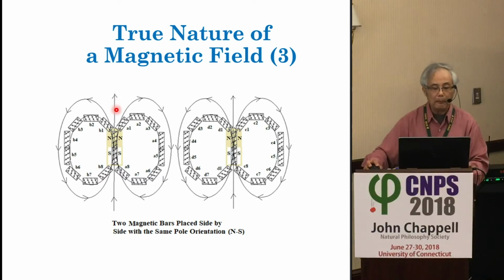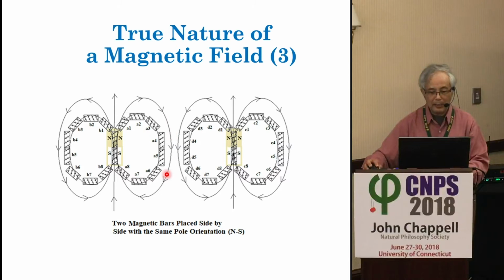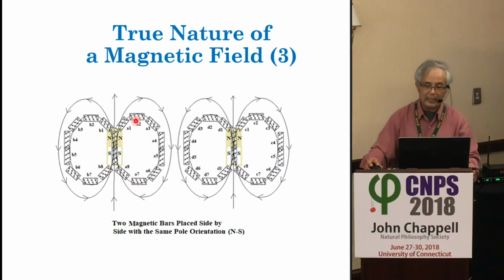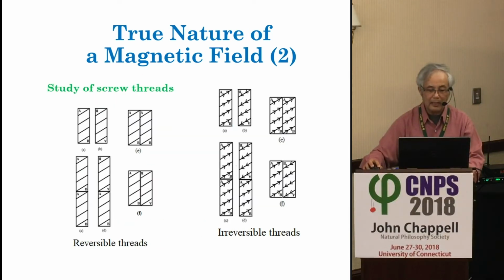Now I'm having a magnet here. Okay, that's the north end. This is the south end, and each magnetic flux, I assume, consists of a lot of sectional screw threads like this.